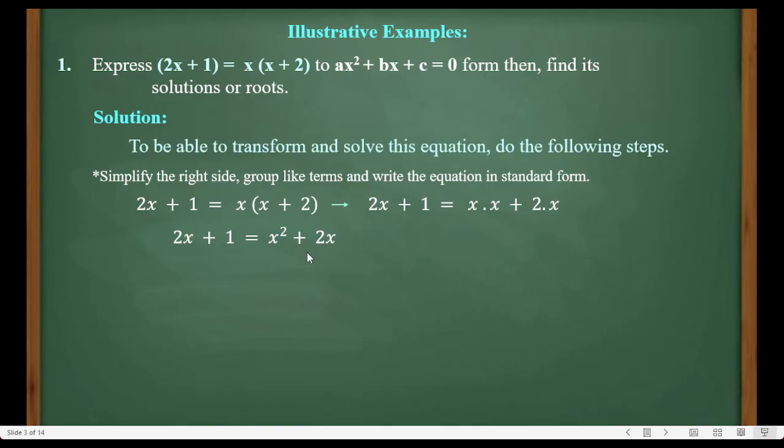But in this case, I simply cancel them out. And what will remain from the equation is this: 1 equals x squared.